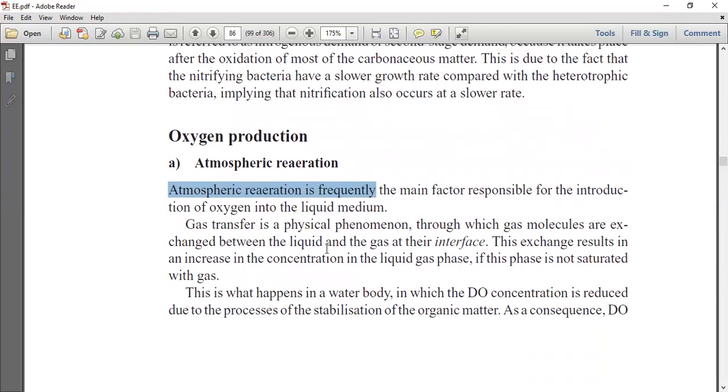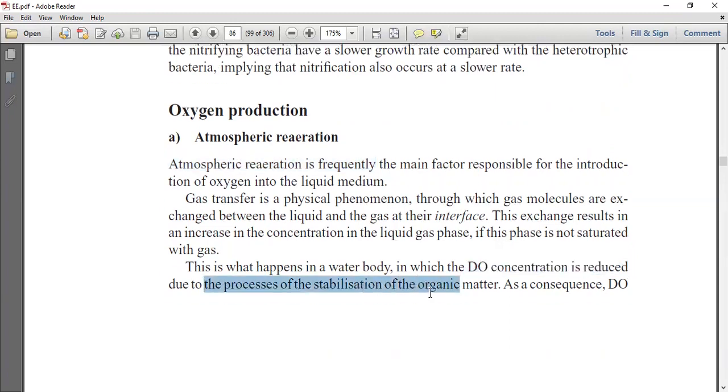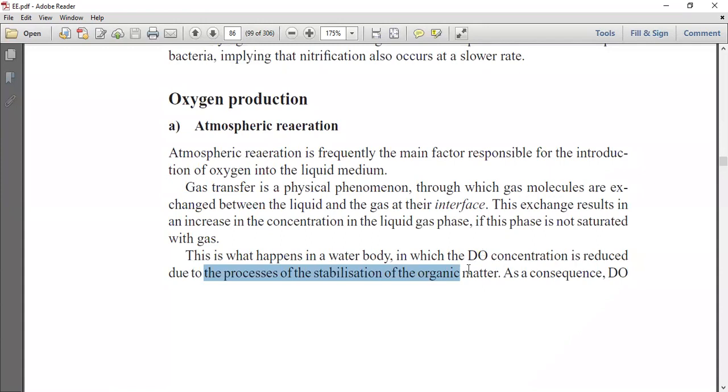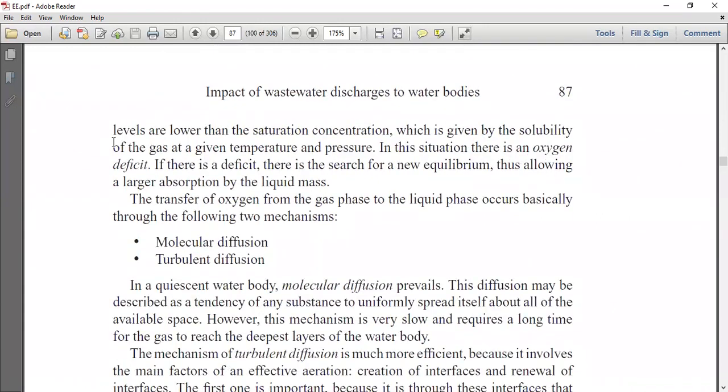This is what happens in the water body, in which the DO concentration is reduced due to the process of the stabilization of the organic matter. As a consequence, DO levels are lower than the saturation concentration, which is given by the solubility of the gas at a given temperature and pressure. In this situation, there is an oxygen deficit.